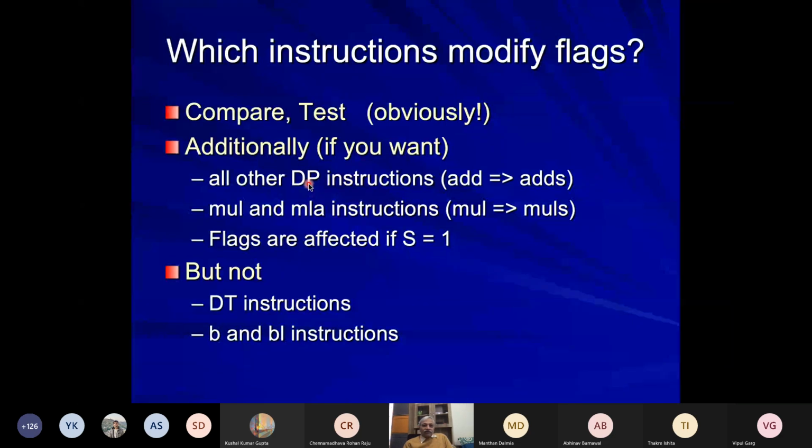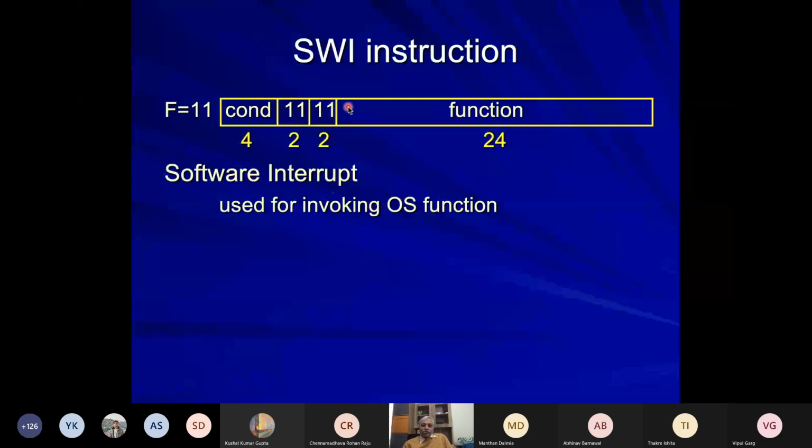The last format I want to talk of is the SWI instruction, which we have discussed earlier. It is software interrupt, and it is used to invoke some OS function. In particular, we have been talking of using this for input output. This also has a condition possibly, and these bits are as shown. In these 24 bits, you can specify some number which could distinguish between different OS functions.